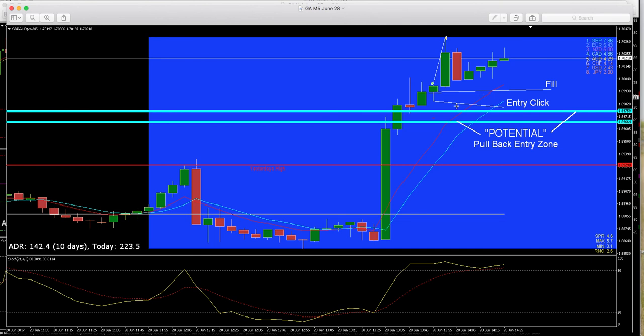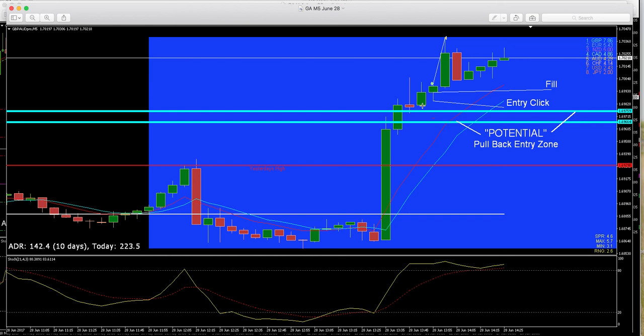I took an entry, and why I took this entry was price had pulled back to about this level right here. Okay, so we have a level. This is the close of this 5-minute bar. This was the open and the close of the 5-minute bar, and this was the open of this 5-minute bar.